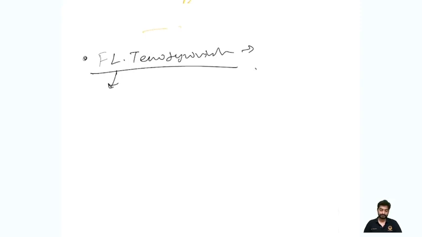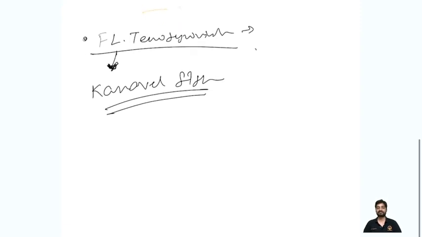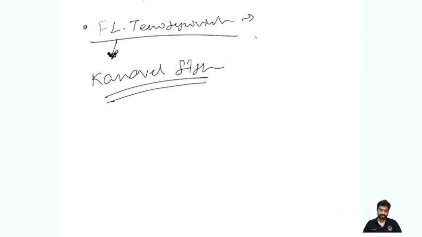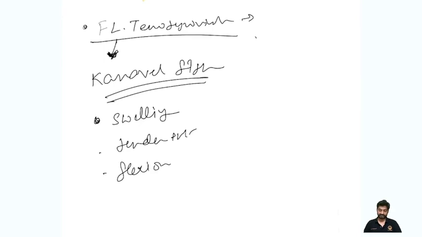So an important sign is known as Kanavel sign. Okay, what do you mean by Kanavel sign? This is a composition of four signs, which are swelling of finger, tenderness, flexion attitude of finger, and pain on passive extension.